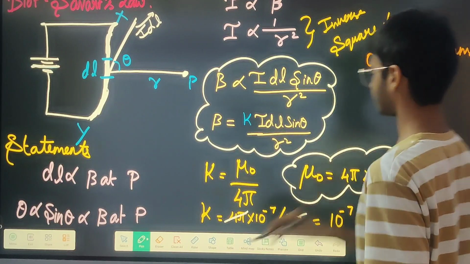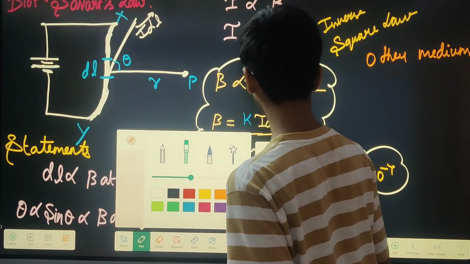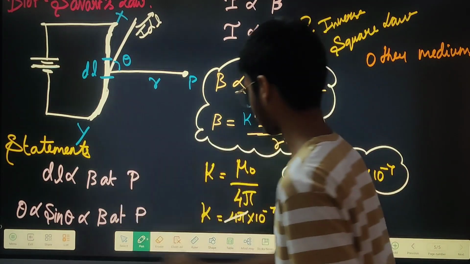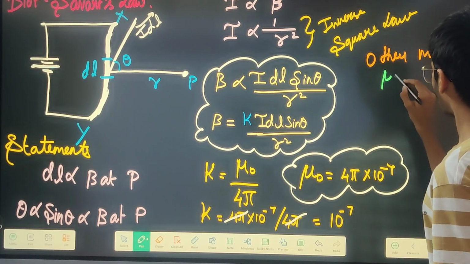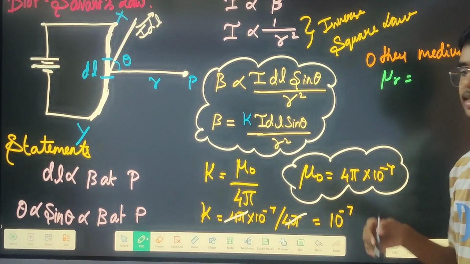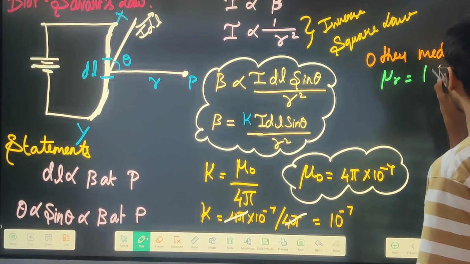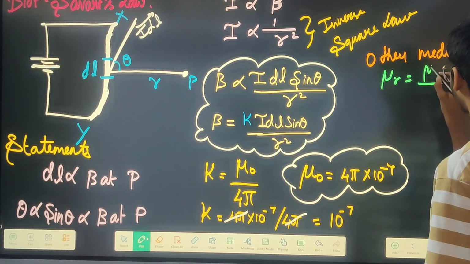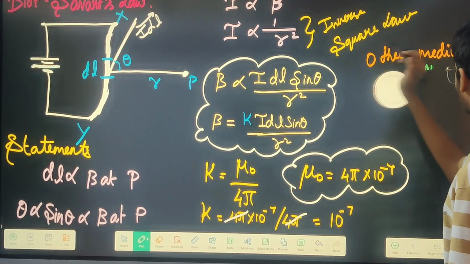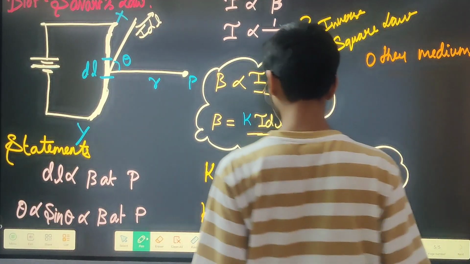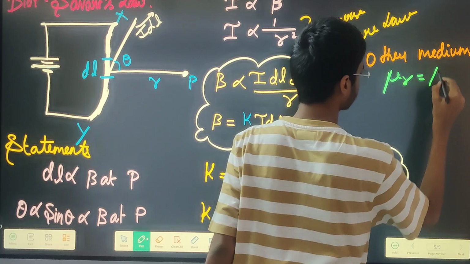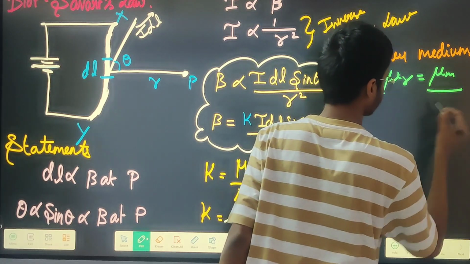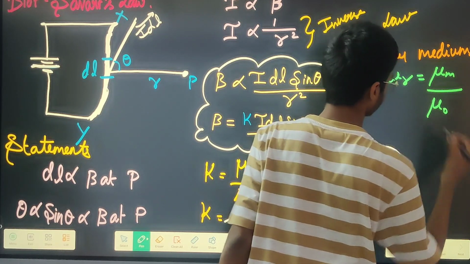In other mediums it will be mu r. In other mediums it will be represented as mu m. So mu r is equal to mu m, in other mediums, divided by mu naught.